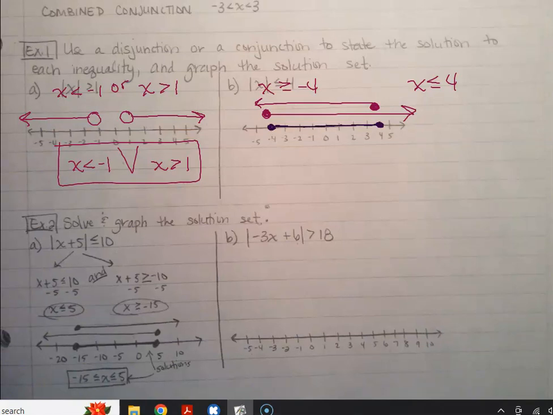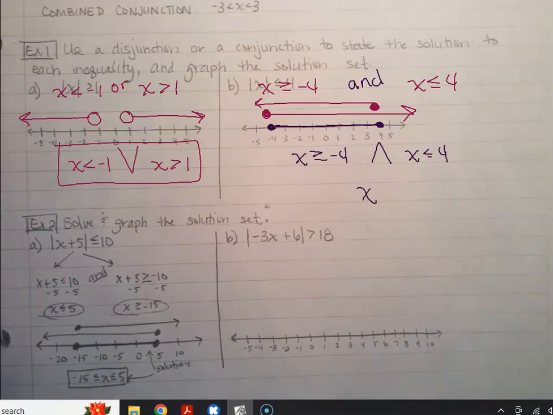Okay, so how would I write that solution? It's an and, right? So x is greater than or equal to -4, and x is less than or equal to 4. Okay, Cameron, how do I write the combined conjunction for this, with just the one x in the middle?